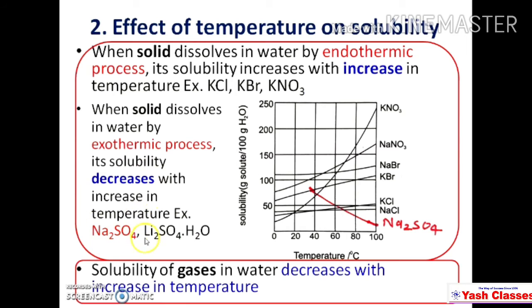Examples of such solids are sodium sulfate, lithium sulfate, etc. Sodium sulfate is the most common example. Now here in this graph you can see that for sodium sulfate, solubility in water decreases as the temperature increases, and therefore its solubility is favored by low temperature. It means, for example, at 40 degrees centigrade its solubility is higher, and at 100 degrees centigrade its solubility is lower.